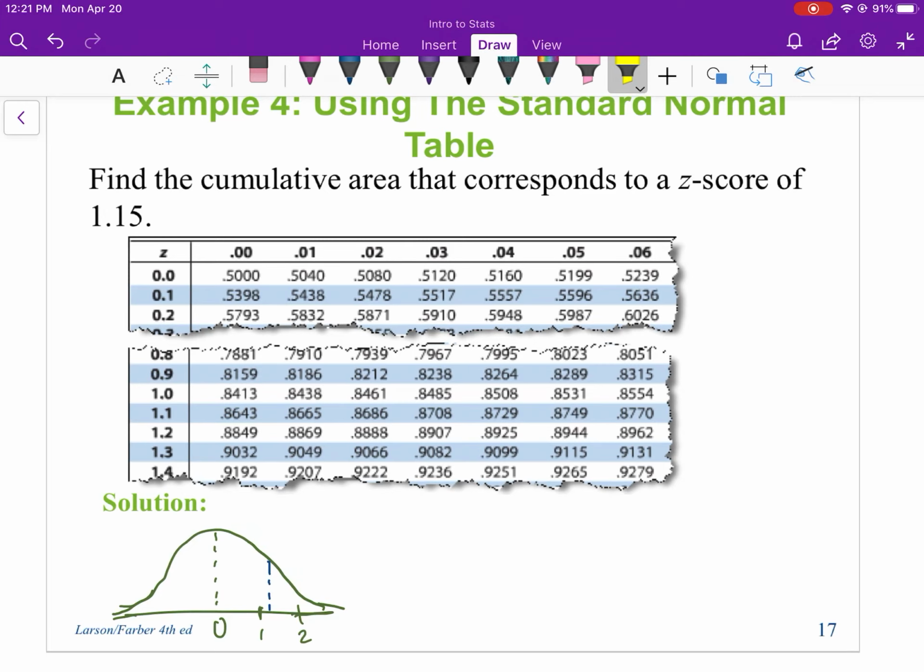You're interested in finding the area of all this yellow, which you find by looking at your table. You go to 1.1 first, and then you find the 0.05 second. Where these two intersect, that's your area.